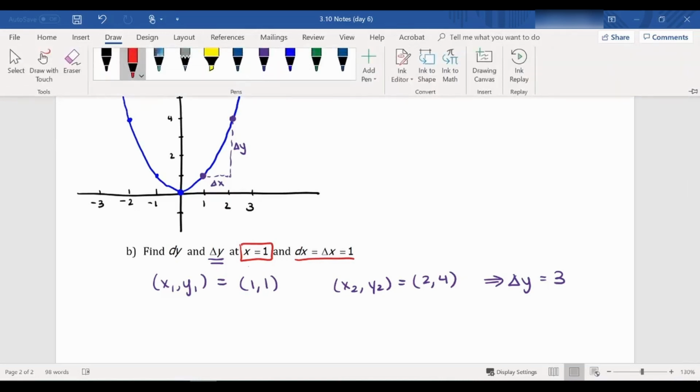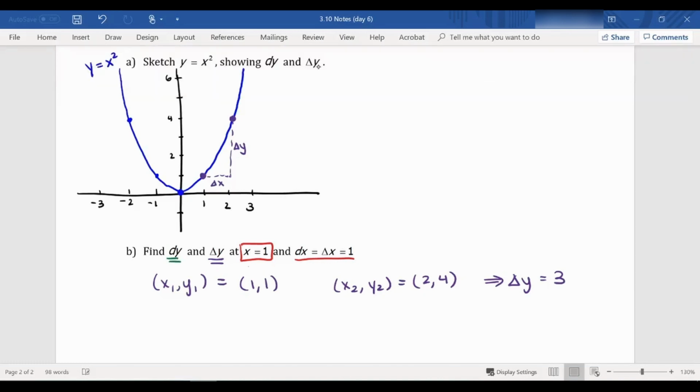Now, the other thing it's asking us for is dy. So dy, I'll do some green, dy is the change in y on our tangent line. So this is your change in y on f of x. Okay. dy is the change in y on our tangent line. So now what I would prefer to do, we know from the previous page, we know that dy is equal to f prime dx.